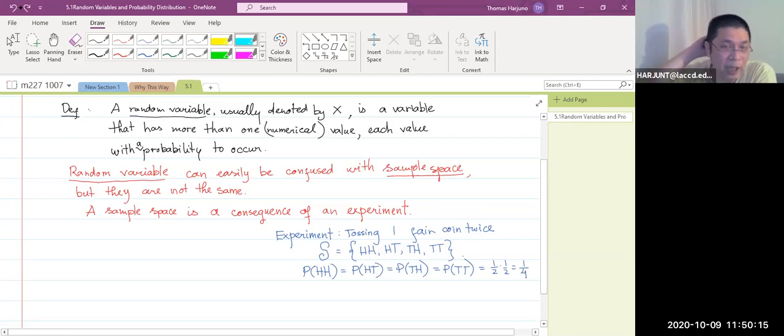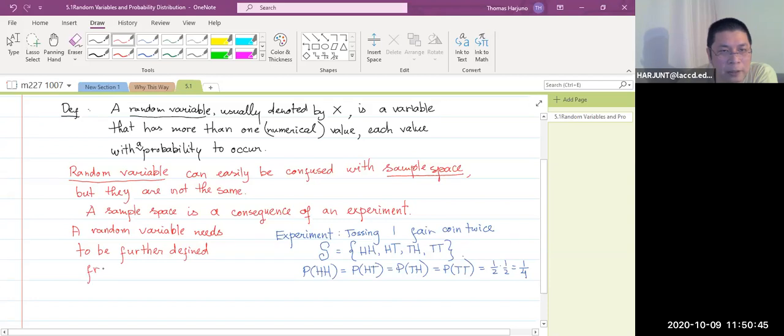Now a random variable needs to be further defined from the sample space.